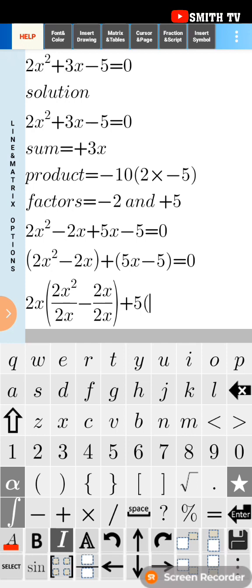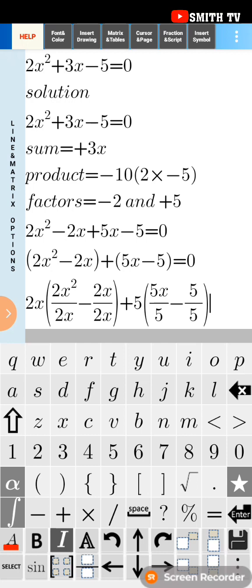Then I use the common factor 5 to divide what I have in that bracket: 5x divided by 5, minus 5 divided by 5. Now close the bracket.